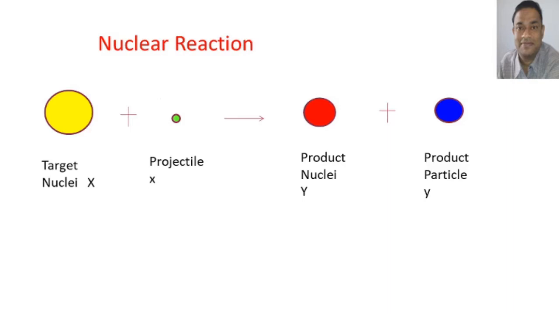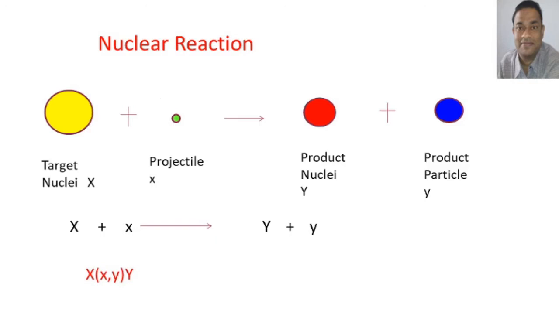Projectile is having very small mass but very high energy. Product nuclei and the product particle, which are the products of the nuclear reaction, they are of comparable masses. So the overall nuclear reaction can be denoted by X plus x giving Y plus y.